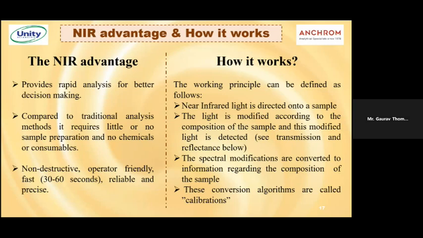When you have multiple batches of any sample being produced, it requires decision making. Whether a sample is within your specific limits or not, quick decisions have to be taken so that your production line doesn't stop and you don't face any losses from stopped production. So it provides rapid analysis of your various samples.